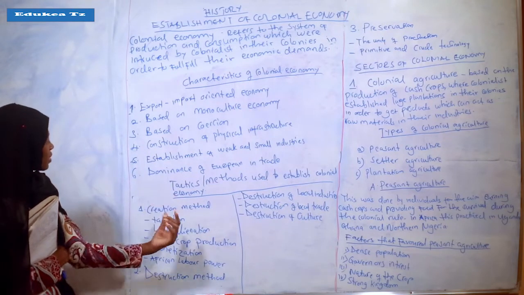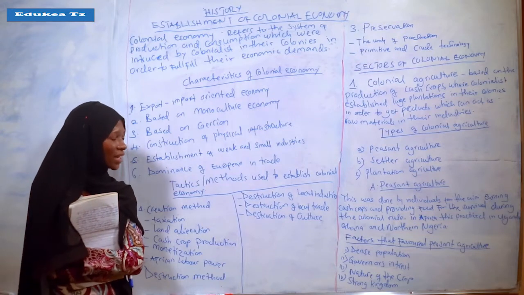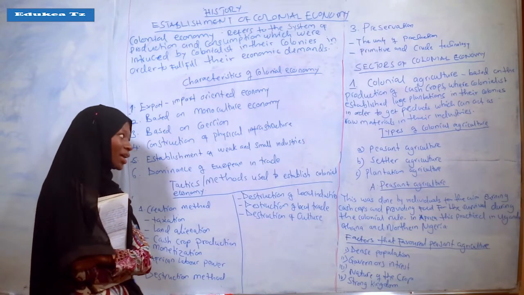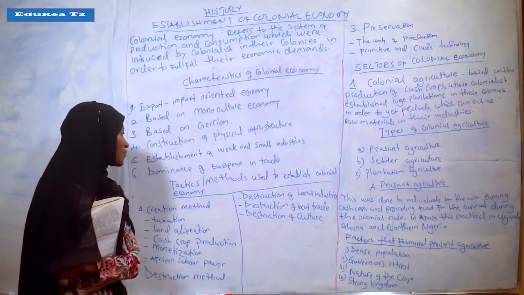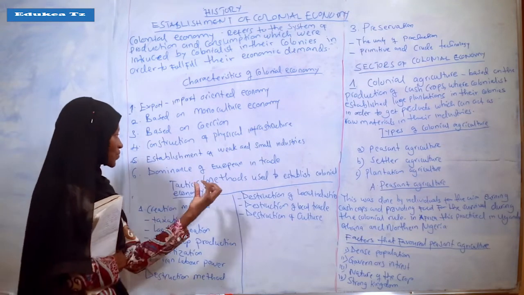The fifth characteristic is establishment of weak and small industry. Weak and small industries. These industries were aimed to reduce the back.